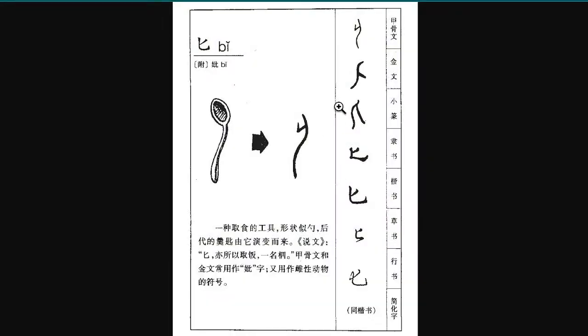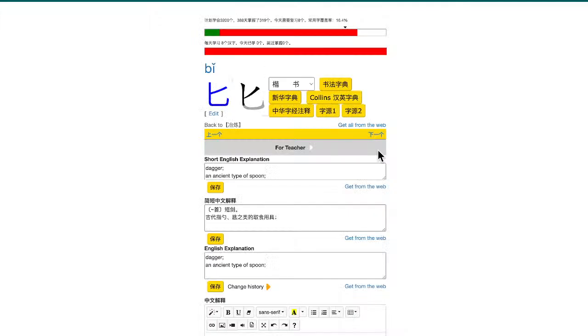Like I said, in ancient times this one refers to a type of spoon. The oracle bone character, the old form of this character, literally looks like a spoon. So this is bi.